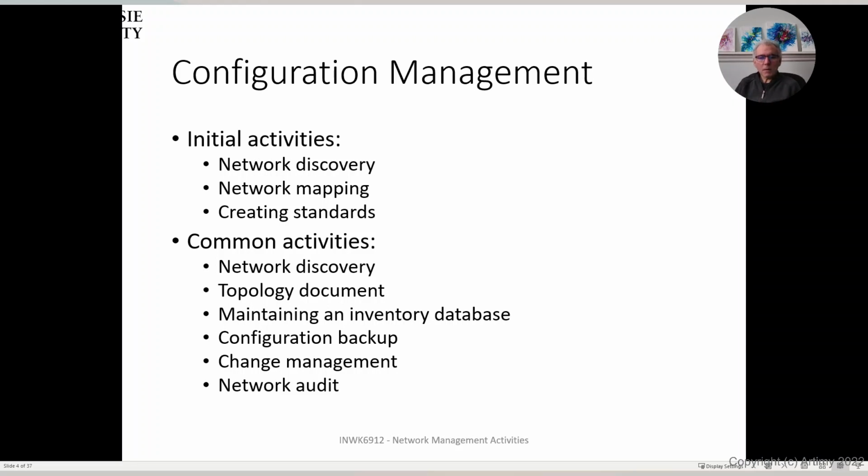But then there are common activities that you do on a regular basis. So you see here in the common activities, there is network discovery. Why do I do network discovery again if I have done it once? Well, network discovery is needed on a regular basis because things change, right?